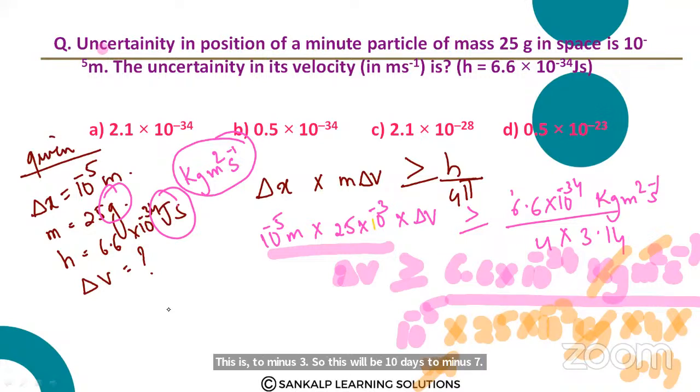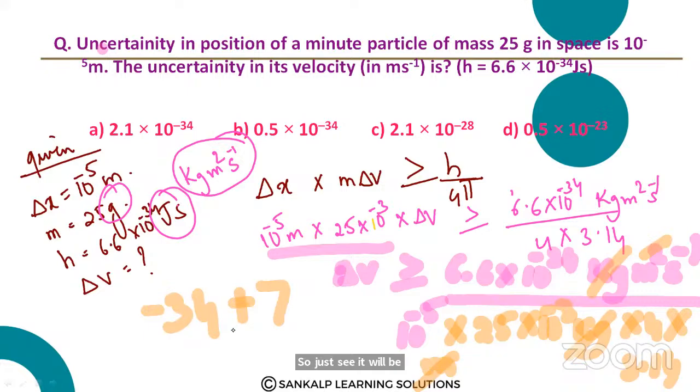So 10 raised to minus 34 and up 10 raised to 7, so it will be minus 27.